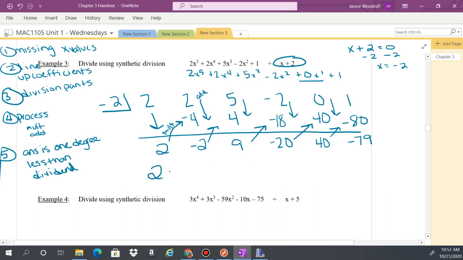So I'm going to start here, 2x to the 4th, then I have a minus 2x cubed plus 9x squared minus 20x plus 40, and then I have this remainder of negative 79. So minus 79 over x plus 2.